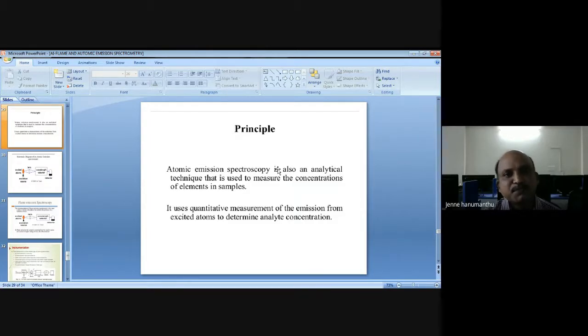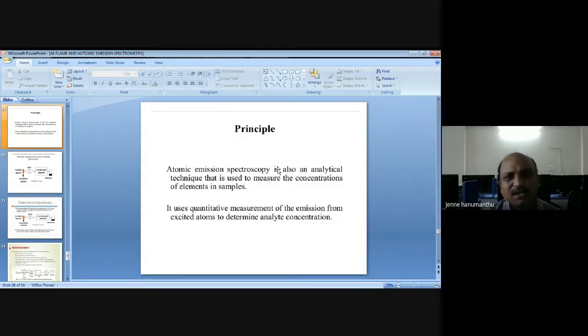So based on this principle, we have spectrophotometers, and with this spectrometer, we have two categories. One is absorption based, and one more is emission based. In the absorption based, we know how the sample concentrations are going to be measured. It may be single beam or double beam, or maybe IR sources we are using, sometimes Fourier transform IR spectroscopy.